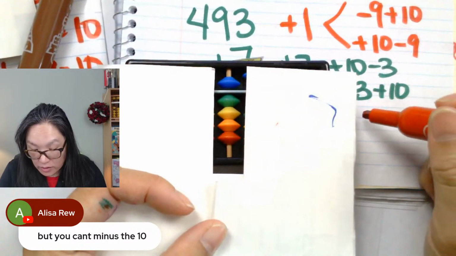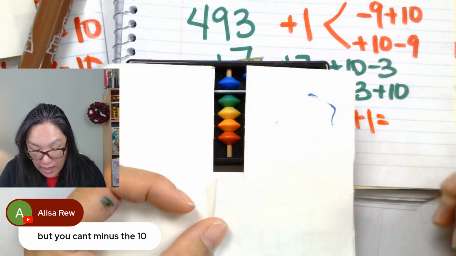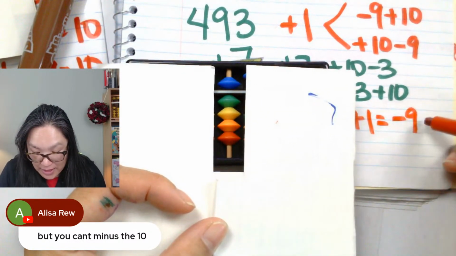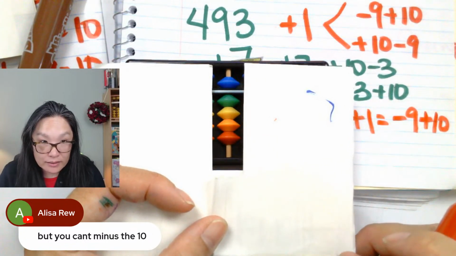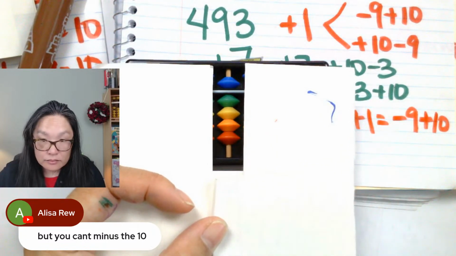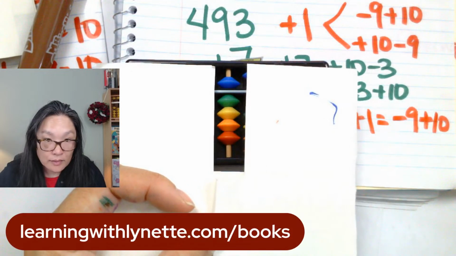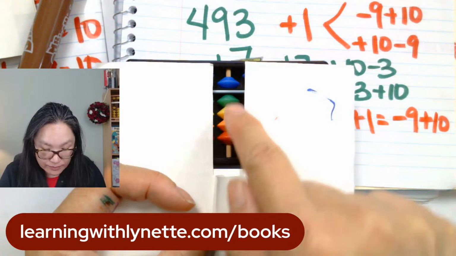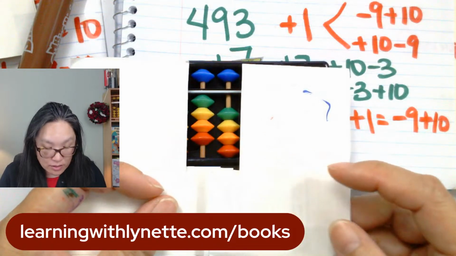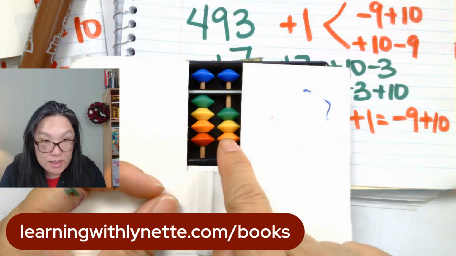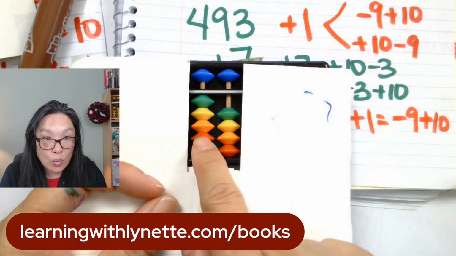So I want to add the 1. How do I do it? Minus the 9 plus the 10. Minus the 9, and then plus the 10. Remember, 1, 0. 1, 0, 1.